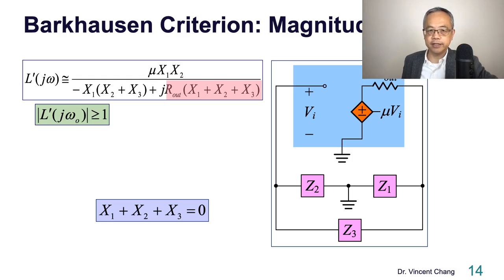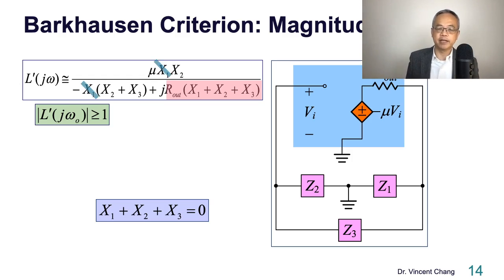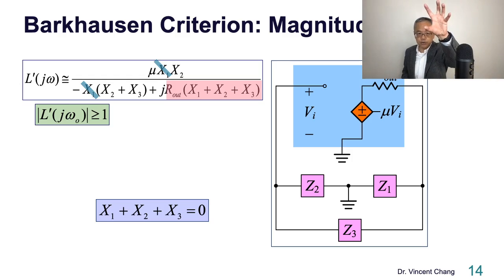Mu times negative 1, parenthesis 2 part 3. So the X1 got canceled out, right? And then at the frequency of oscillation, what's the negative parenthesis 2 part 3? Look at the purple. The answer is X1. So mu times X2 in the numerator. What's the denominator? X1. Should be greater than or equal to 1.